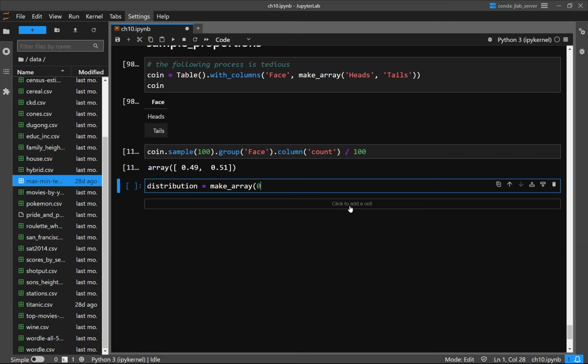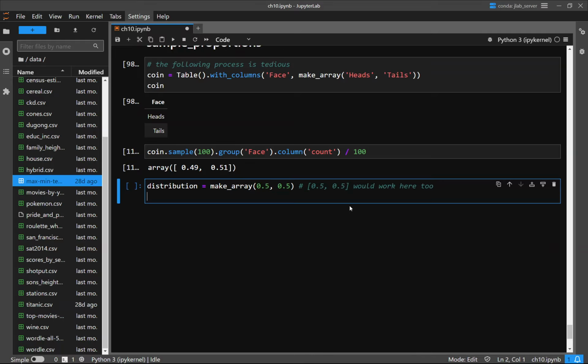Say the first thing means heads, 0.5 for the first thing, 0.5 for the second thing. They add up to 1, there's my distribution. The first thing, let's assume heads, has 0.5 probability. The second thing, tails, is the other probability. You could also have given this as a list, like 0.5, 0.5 with the square brackets. It's also a sequence, and would work here too. However you want to do it.